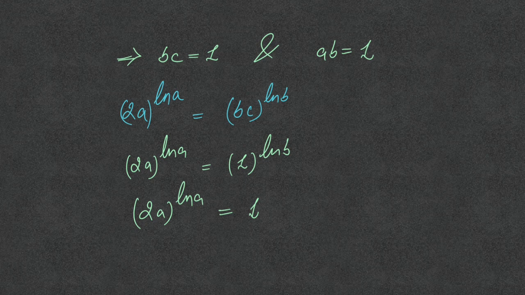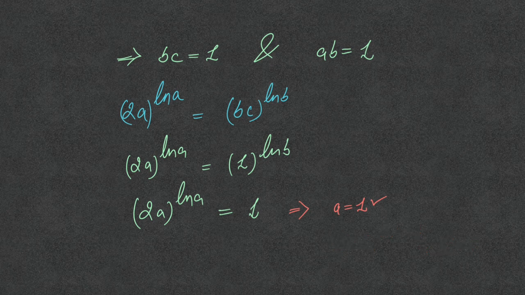Now if we pay attention, I can clearly see for a equal to 1, the equation becomes 2 into 1 to the power log 1, and log 1 is equal to 0, so 2 to the power 0 is equal to 1. So this is a valid value of a.